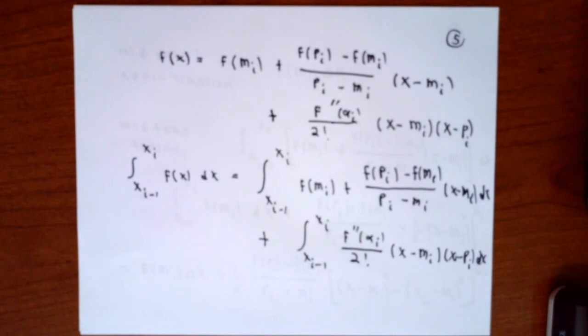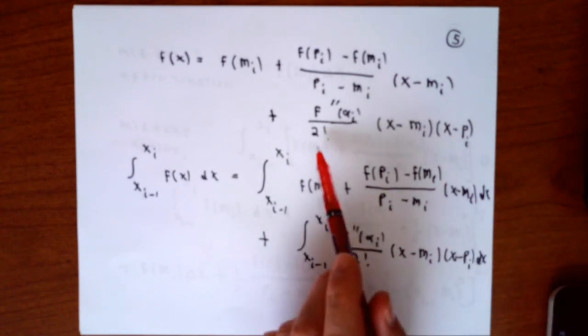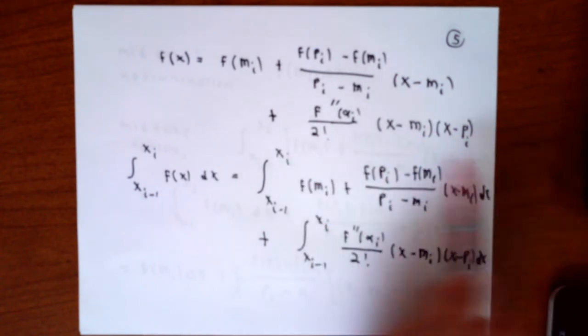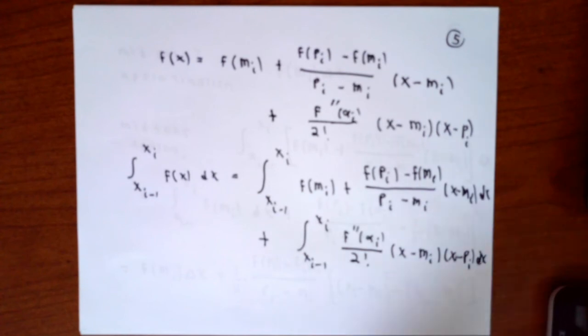The error that I commit in this midpoint plus another point method is going to be this. It's going to be the integral of my interpolating polynomial error. So in a certain sense, this is very similar to what we've done before.